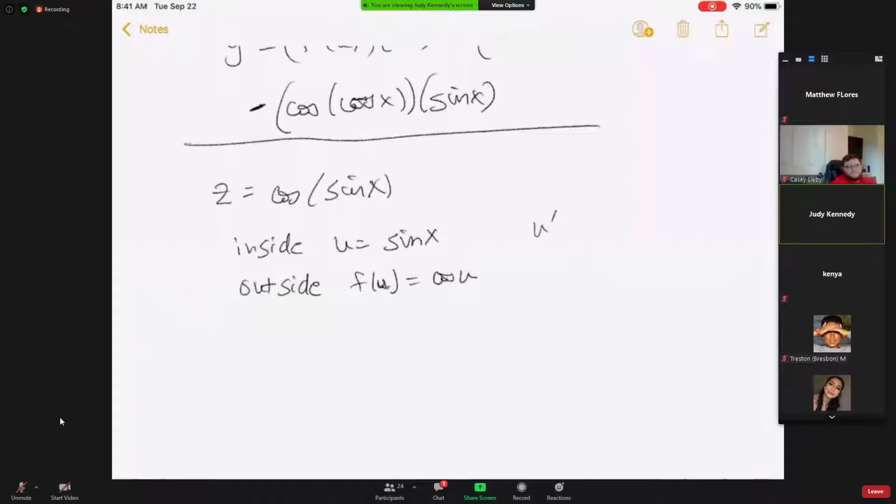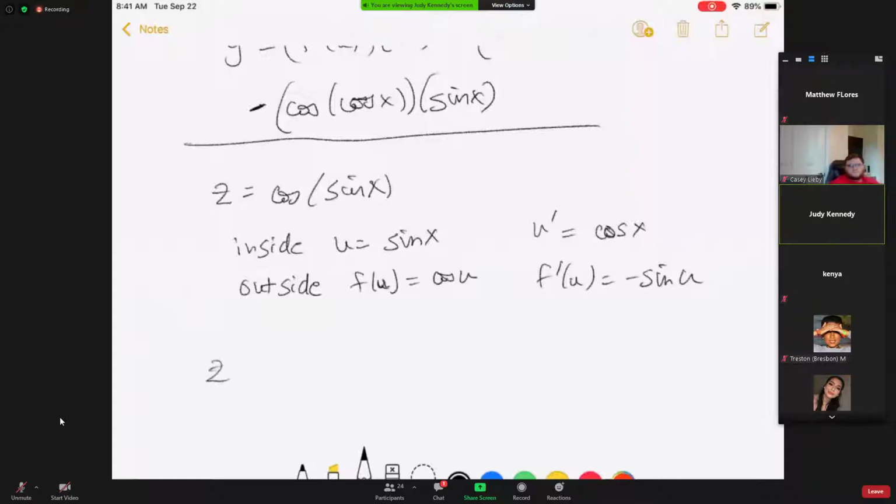So u prime is the cosine of x, and f prime is minus the sine of u.